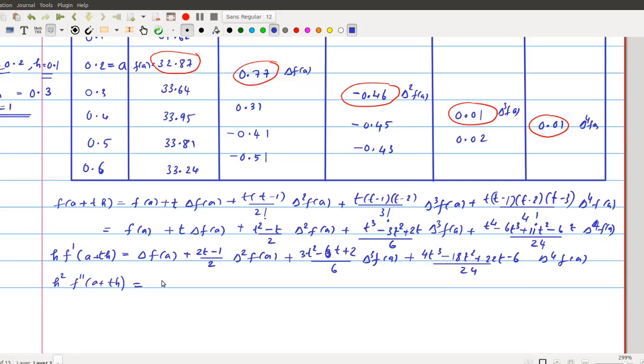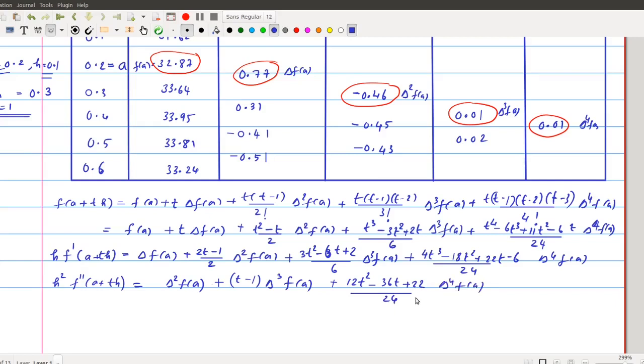Okay, so this will be del square f of a, that is the derivative of this, and del square f of a in the first term, and the second term will be (6t minus 6) divided by 6, that is (t minus 1) times del cube f of a, and we have the derivative of this, that is (12t square minus 36t plus 22) divided by 24 del raised to 4 f of a.